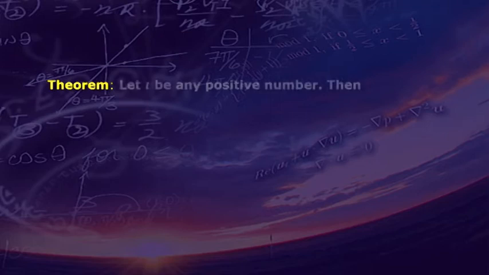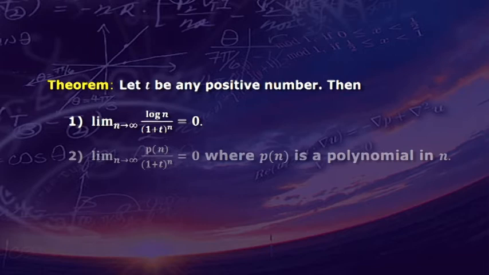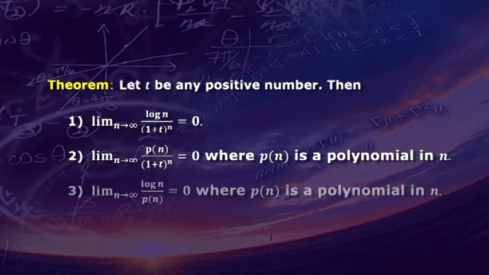Theorem: let t be any positive number. Then 1, the limit of log n over n^(1+t) is equal to 0. 2, the limit of Pn over n^(1+t) is 0, where Pn is a polynomial in n. 3, the limit of log n over Pn is 0, where Pn is a polynomial in n.